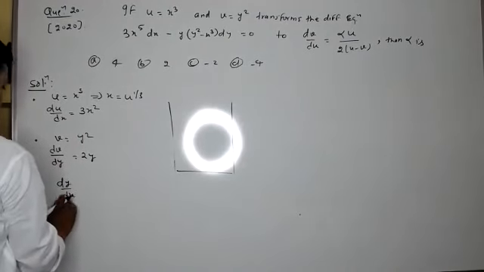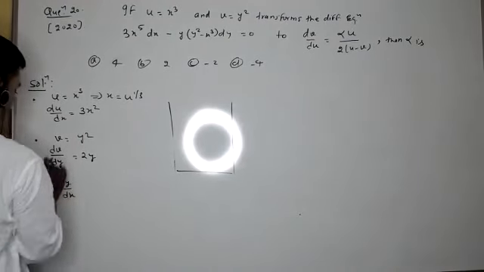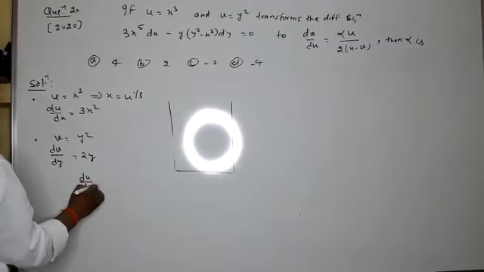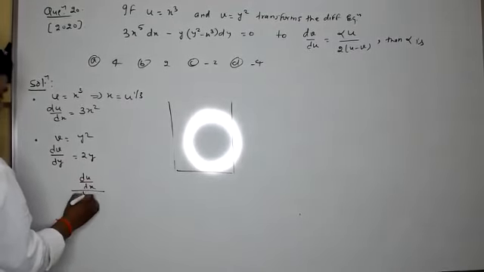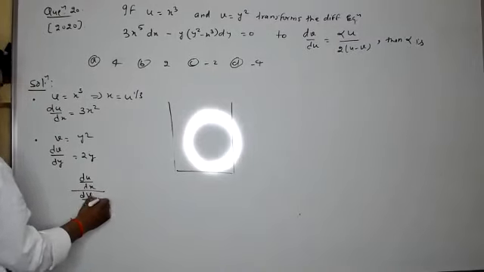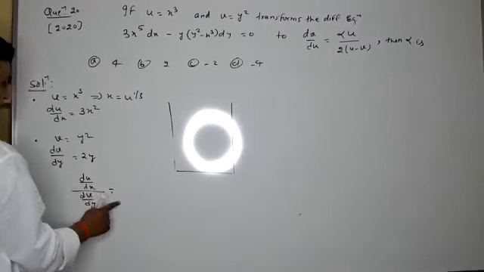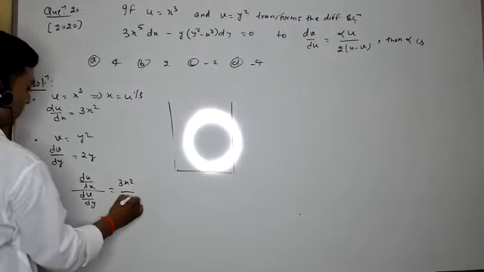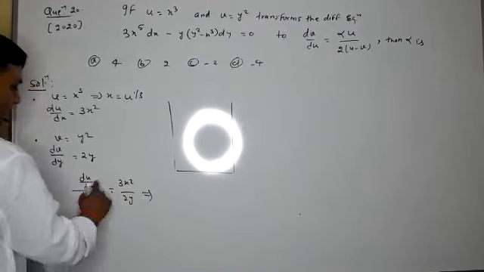If I divide this, du by dx divided by dv by dy, this will have the form 3x square upon 2y, right?